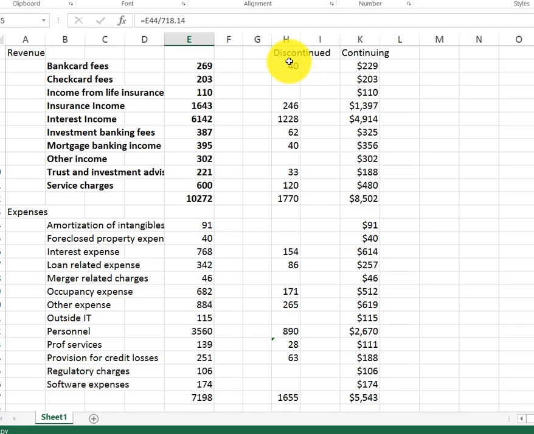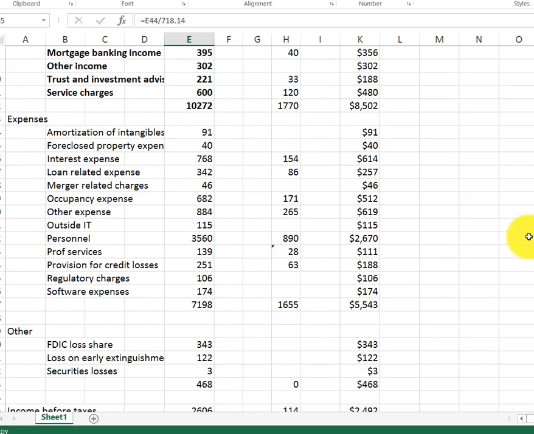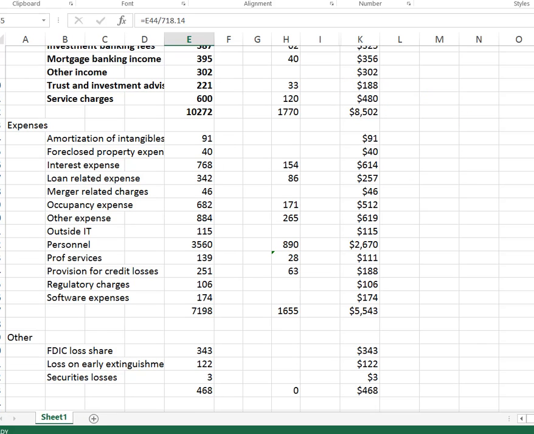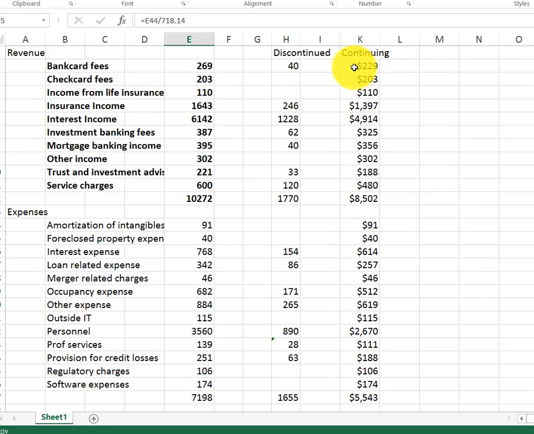So the part of the business that's being sold off or discontinued had these revenues. So these are just the percentages given, and the same thing with the expenses. And then I just subtract those from the original to get how much is continued.